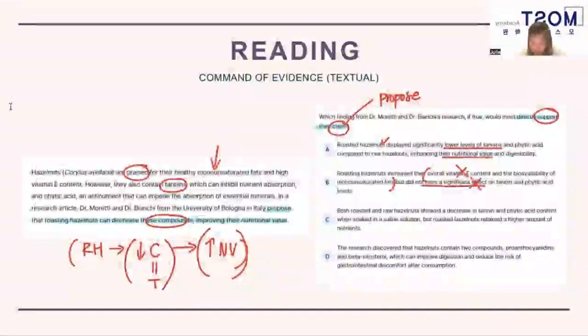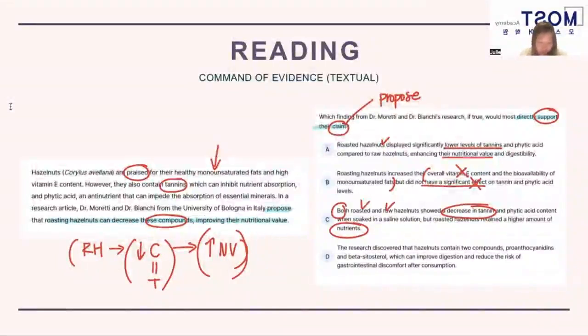Okay. And then if we look at C: Both roasted and raw hazelnuts show a decrease in tannin and phytic acid content when soaked in a saline solution, but roasted hazelnuts retained a higher amount of nutrients. Okay, so this is not bad, right? Because this one also mentions the decrease in tannin, and it says that they're going to have more nutrients. But ultimately, they say that it's both roasted and raw.